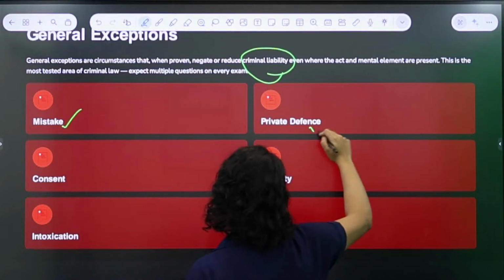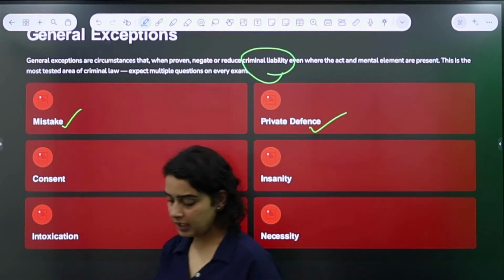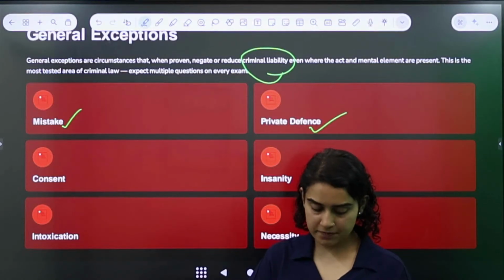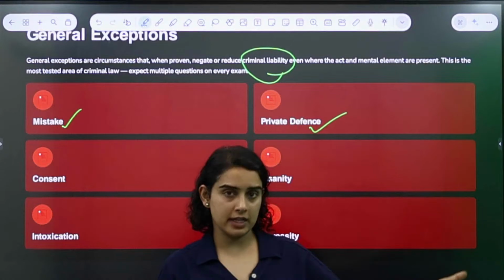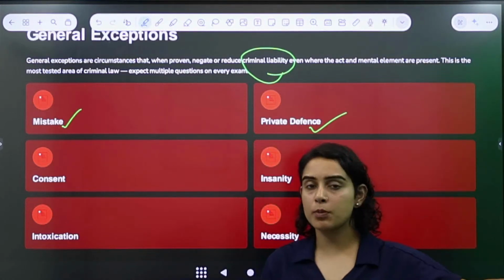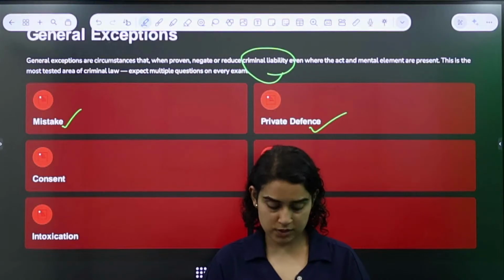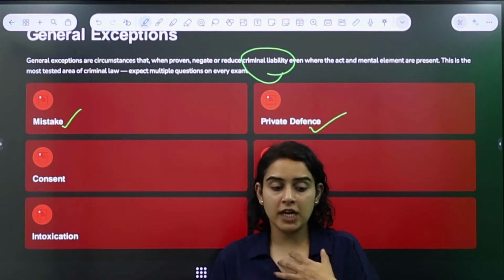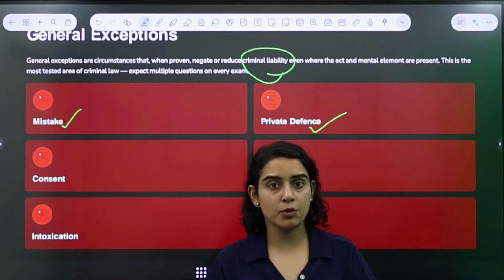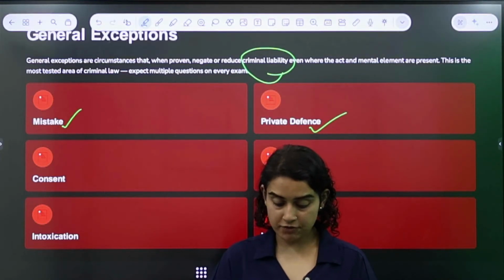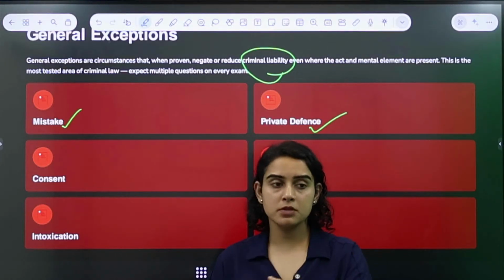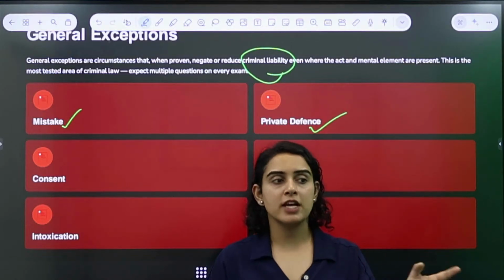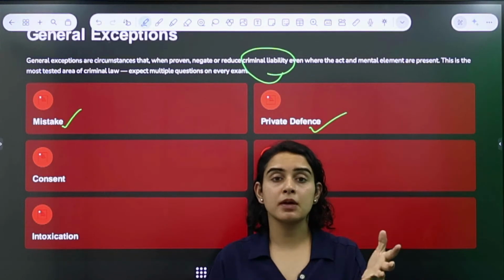Second is private defense. If you have done something just to protect yourself. Now let's say a person has attacked you, or maybe has attacked someone else, or maybe has attacked your property or someone else's property. Now, to protect yourself, or to protect the other person, or the property, you attack the other person or cause some damage to him, through which you end up committing a crime.